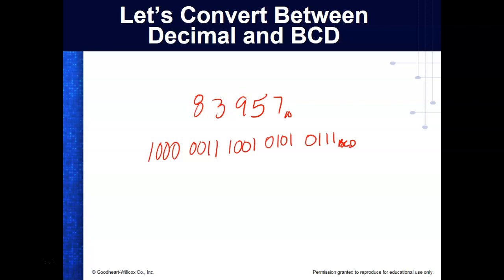In fact, if you look at your BCD, it's got the BCD out to the side, right? It says yes, yes, yes, yes, yes, no, no, no. Yeah, that's BCD. It's decimal.